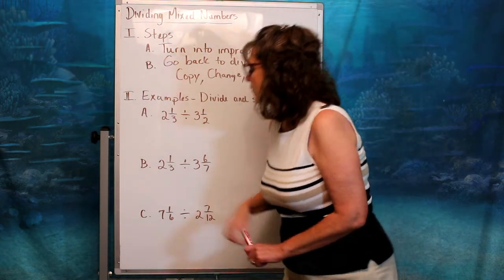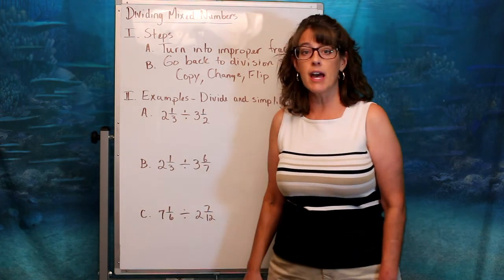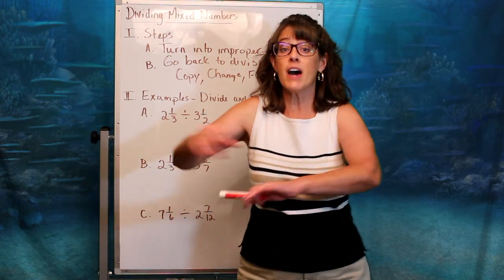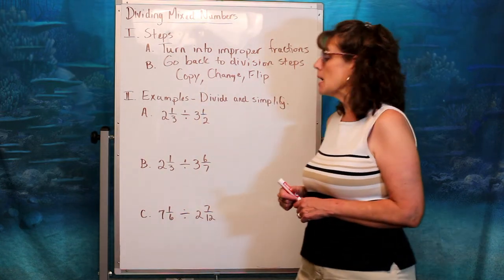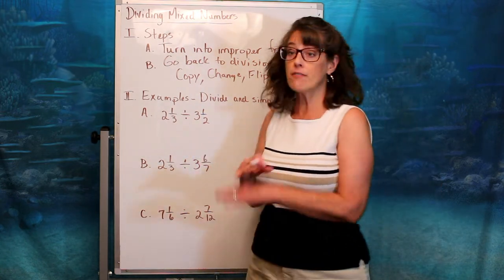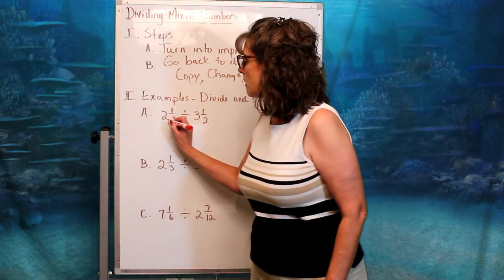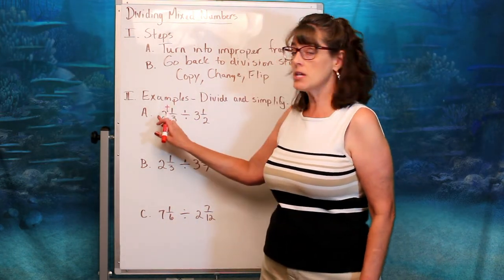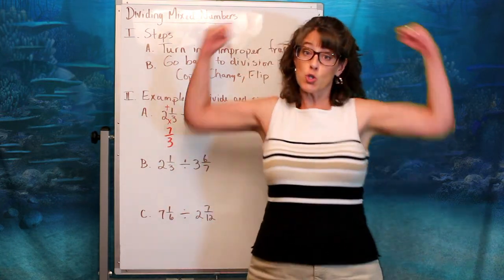Let's take this first mixed number division problem, and I've got 2 1/3 divided by 3 1/2. That means I'm going to take 2 1/3 and divide it out 3 1/2 times. That's kind of a strange concept to understand. But what I do know is I have no rules for dividing mixed numbers. So I'm going to turn them into improper fractions by multiplying here and adding here. 3 times 2 is 6. 6 plus 1 will give me 7/3. Remember the superhero of fractions.